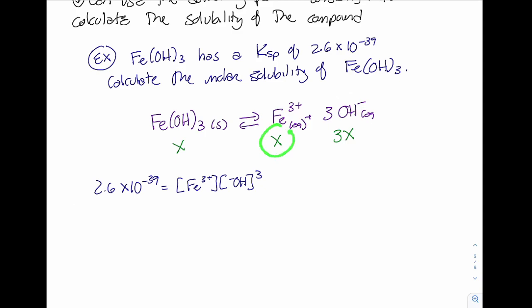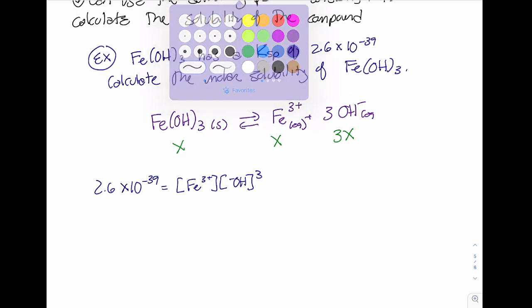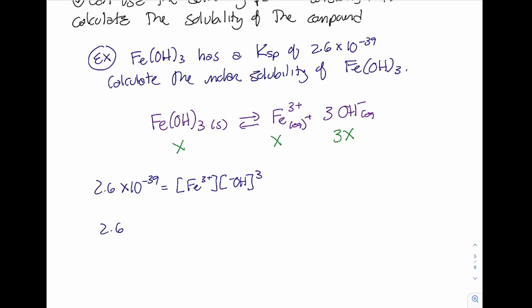We're then going to take these values and plug those into my expression. So 2.6 times 10 to the negative 39th is going to equal x multiplied by 3x to the 3rd.